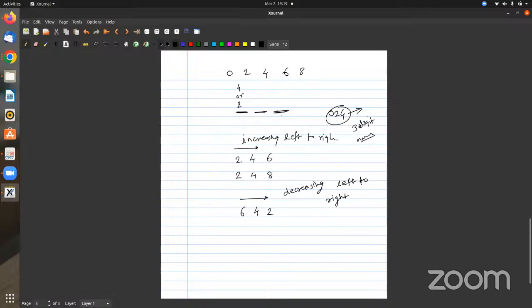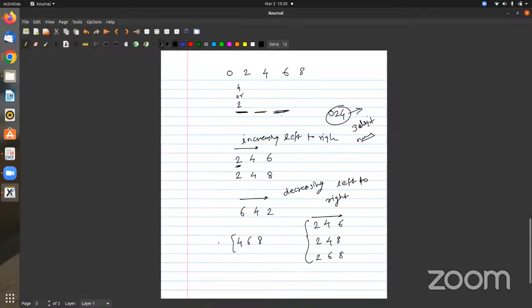So the choice of even-digit numbers: I cannot have 2, 0 here. I can have only 2 at the start. Those numbers are 2, 4, 6; 2, 4, 8; 2, 6, 8; and 4, 6, 8. These are the numbers I can find when I have 2 at the first place, and again 4, 6, 8, no other possibilities. These are all increasing from left to right.